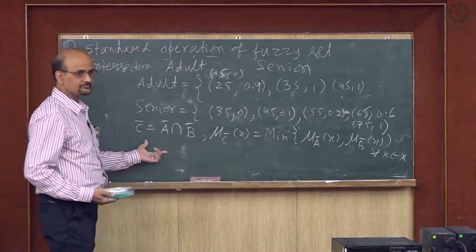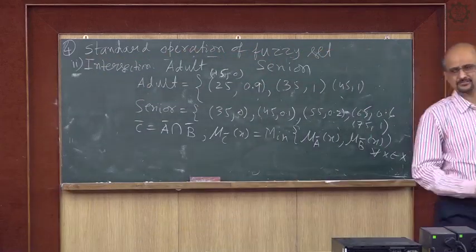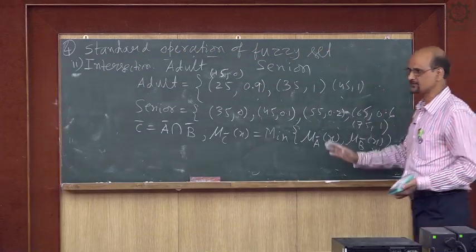Very easy, where this mu A bar and mu B bar are the membership functions of A bar and B bar respectively.